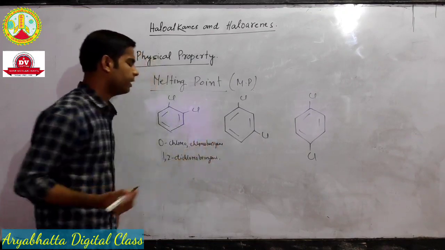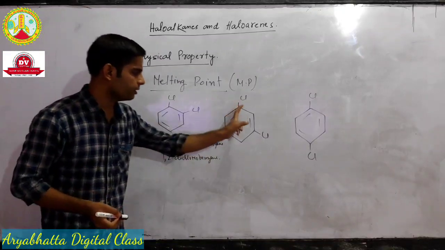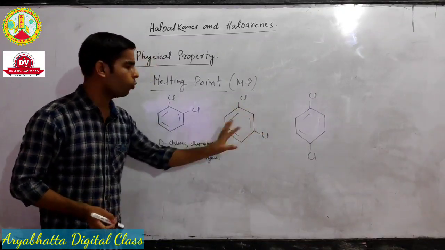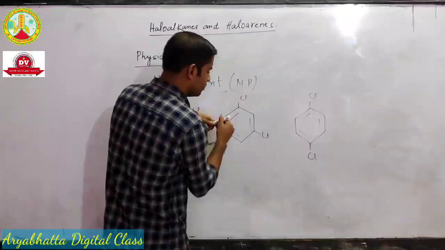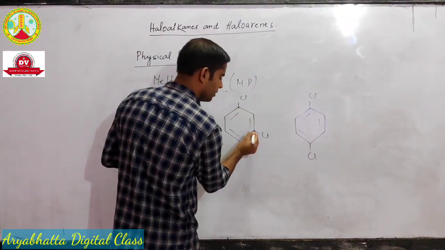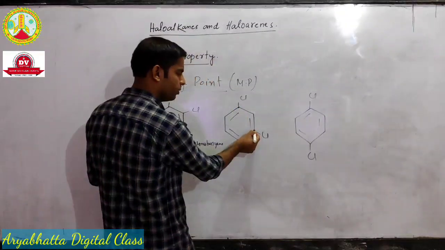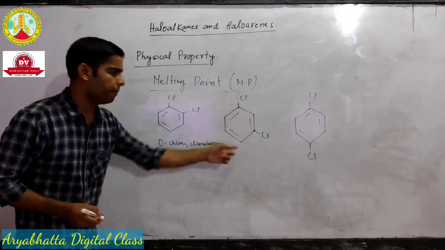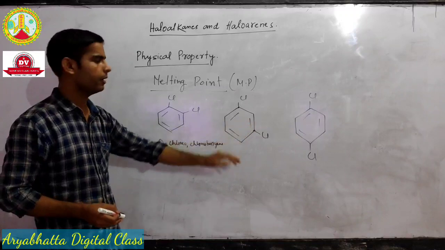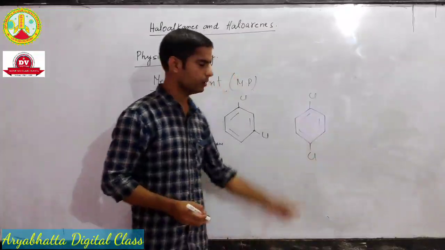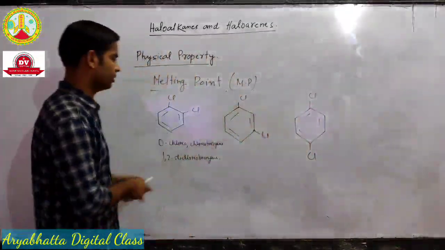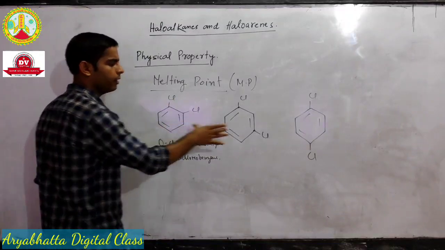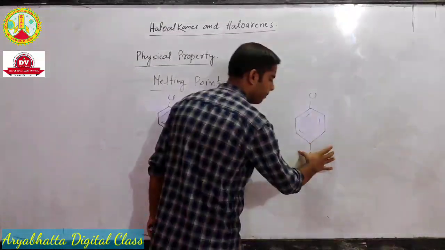Similarly you can check that this is 1,3-dichlorobenzene, with respect to this chlorine this is the meta position. So it's meta dichlorobenzene and this is para dichlorobenzene. This chlorine is in the para position. So we have an ortho isomer, meta isomer and para isomer.